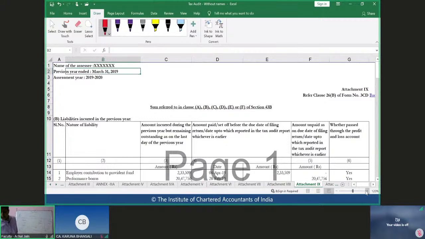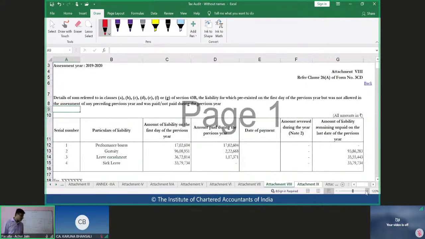Then it says whether this amount was passed through P&L or not. Means when this amount was incurred or this transaction happened, whether this related to P&L or not. That is again required to be commented upon. Now what is so confusing in this? Let's try to understand what is the point of confusion.